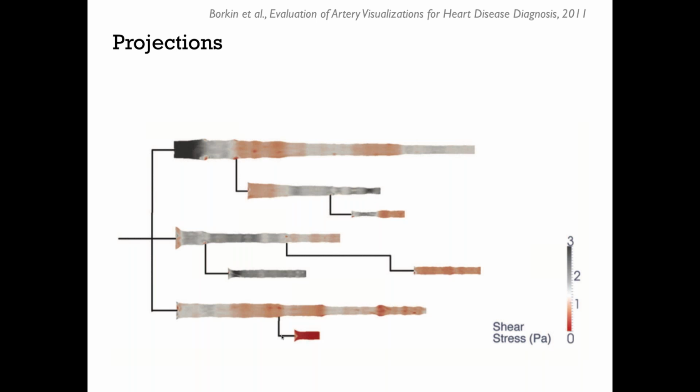So we have a pretty good idea where the arteries are wide. The other advantage is we simply do not have to rotate anything. We just look at the screen and we can see it. This is a wonderful situation to be in, and you'll see in a second why that really matters.